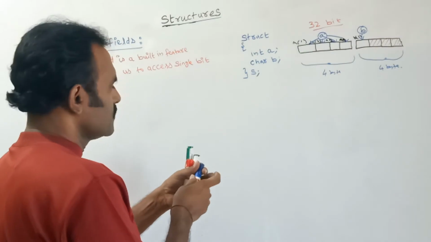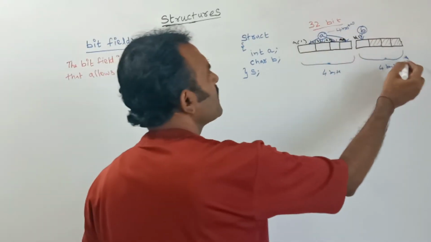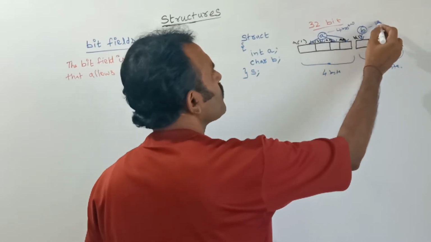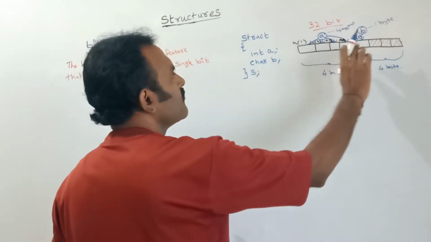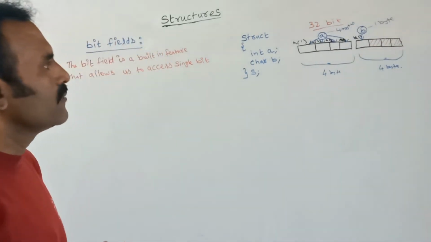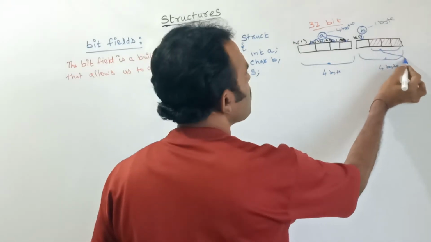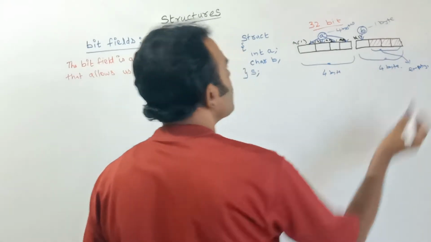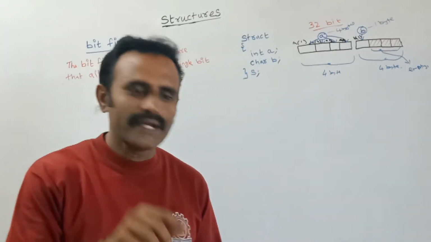A occupies totally 4 bytes. Among these 4, only 1 byte is allocated for the structure member B, and the remaining 3 bytes are empty. What is a byte? 8 bits is a byte.